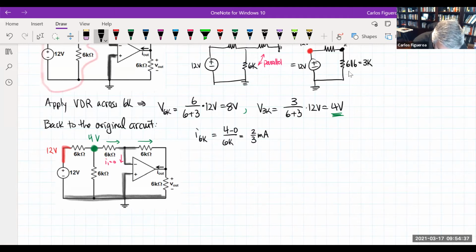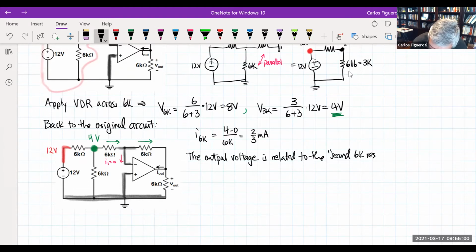So then if I want the voltage over this next 6K resistor, so the output voltage is related to the second 6K resistor. And what I mean by the second is I'm talking about this particular guy right here. Because we focused on this one when we were looking at the current, it would be that guy.